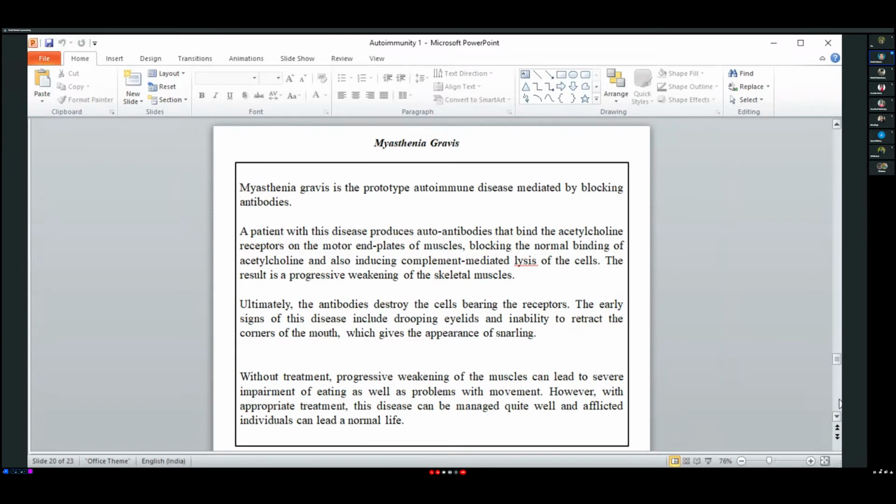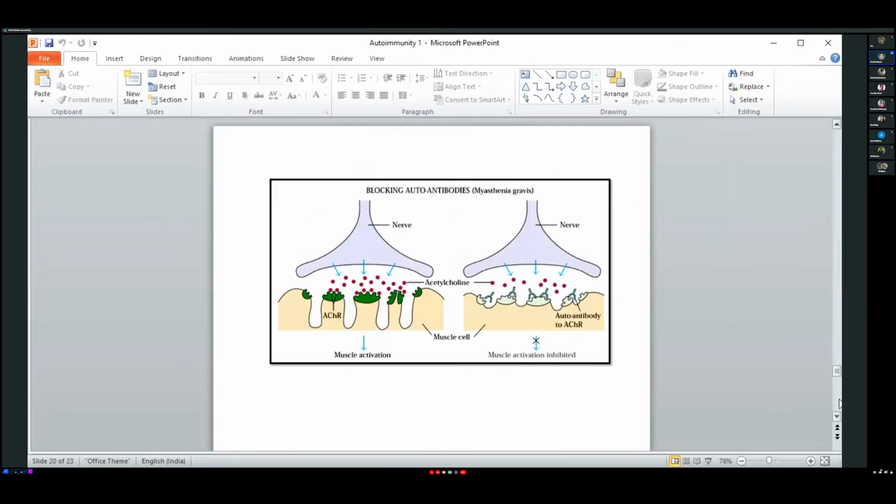As a result, it causes severe disease. Without any treatment, progressive weakening of the muscle leads to severe impairment of eating and other movements. But if it is treated, it cannot be totally cured, but its extent can be reduced. You can see in the picture, in normal circumstances in the neuromuscular junction, acetylcholine is doing its work.